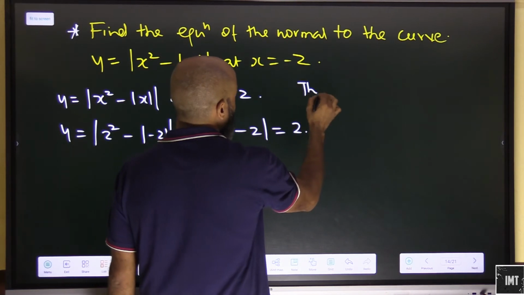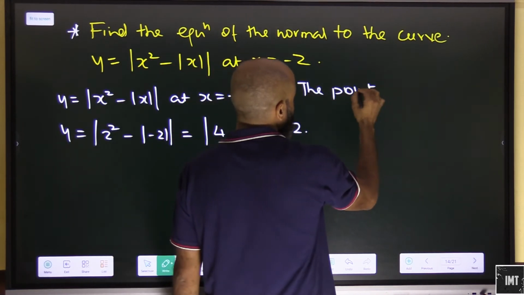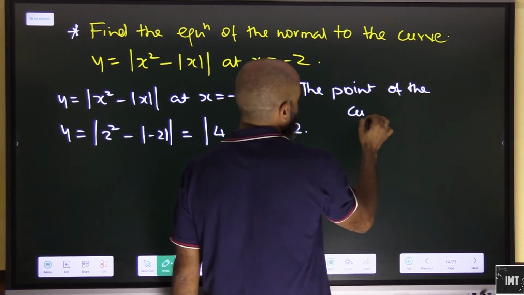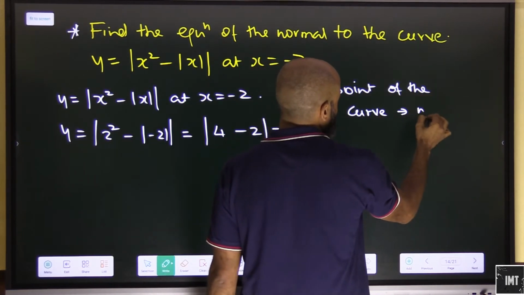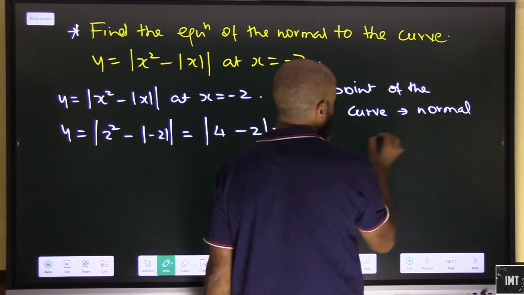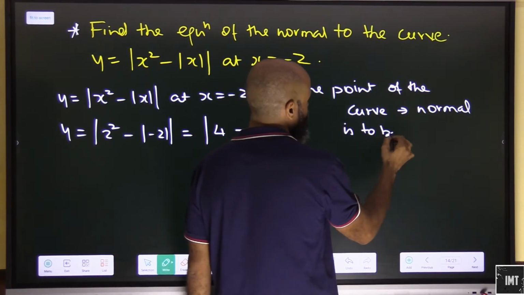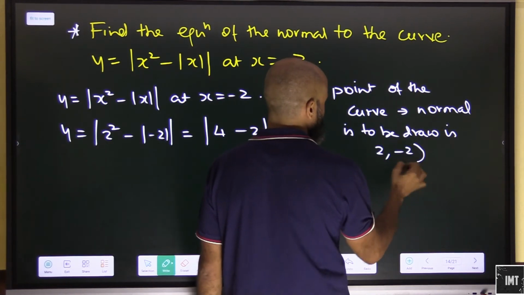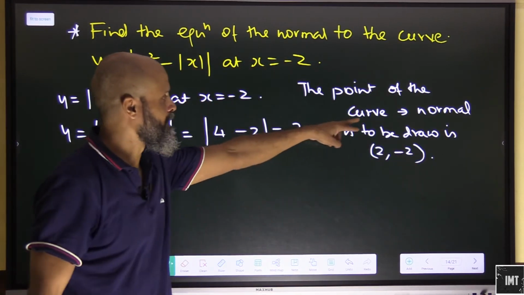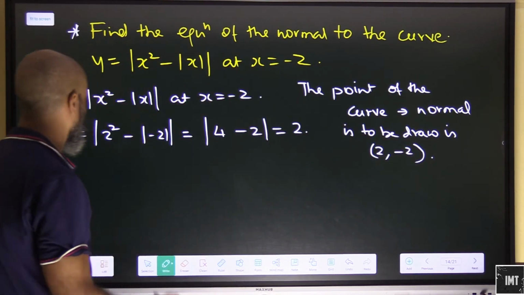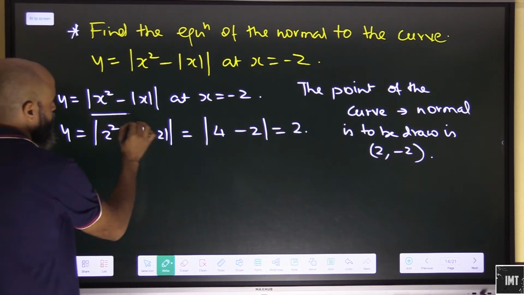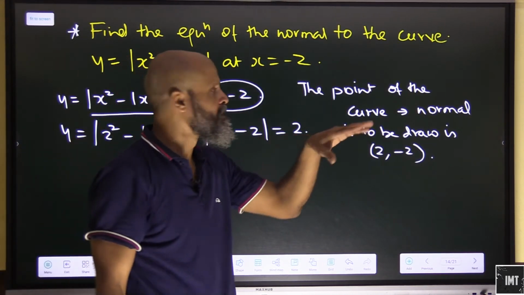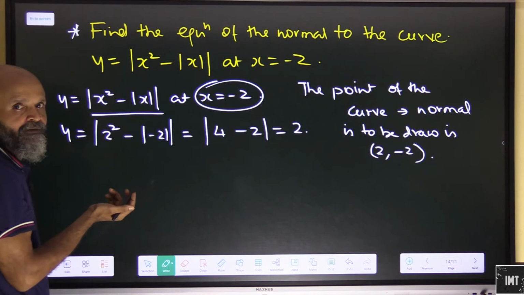Therefore the point on the curve at which the normal is to be drawn is (-2, 2). Now in the neighborhood, or rather around minus 2, we will always get negative values of x.